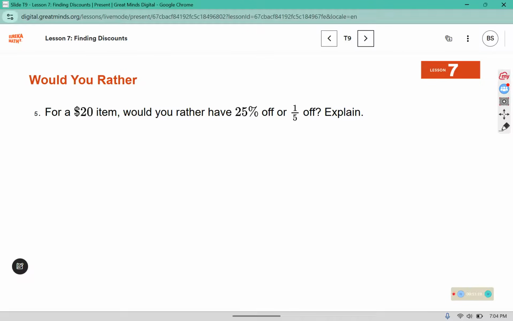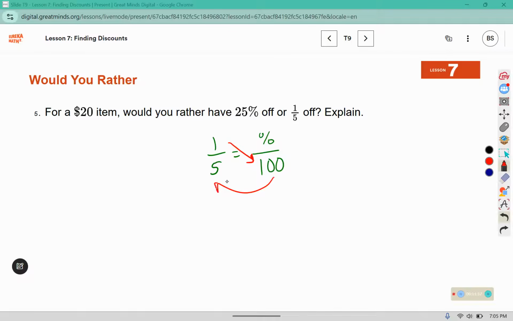For a $20 item, would you rather have 25% off or a fifth off? Explain. Well, let's convert 1/5 into a percent to see what percent we would save that way. Cross multiply, then divide. That would be 20%.